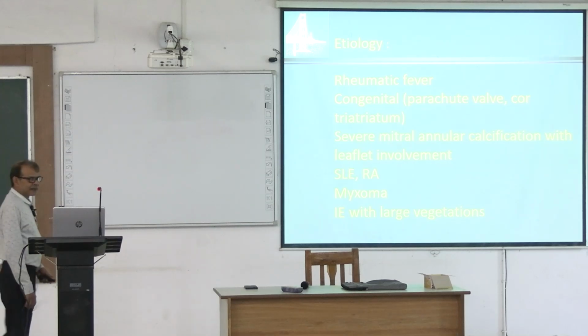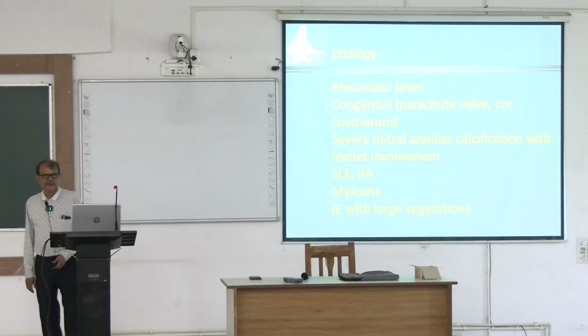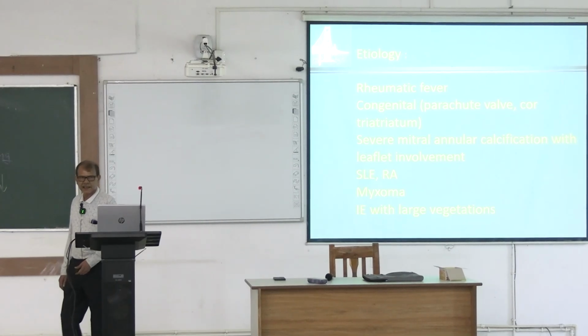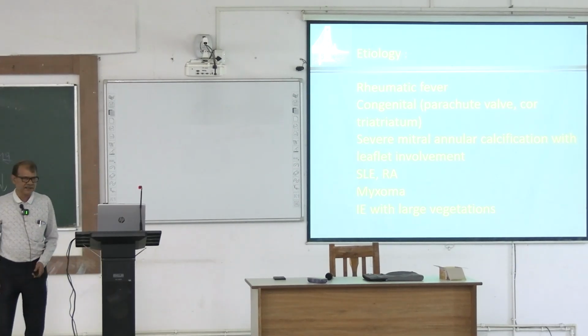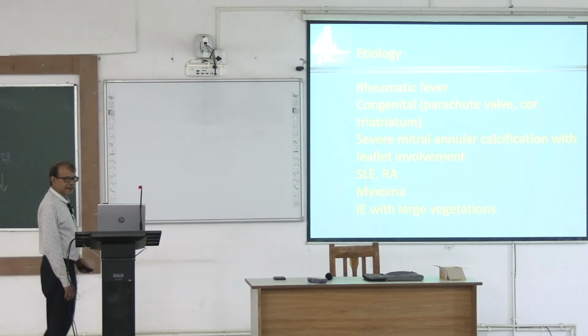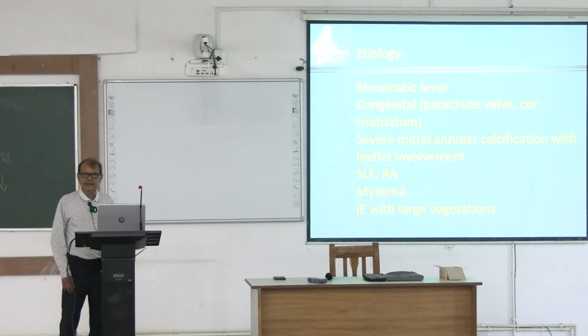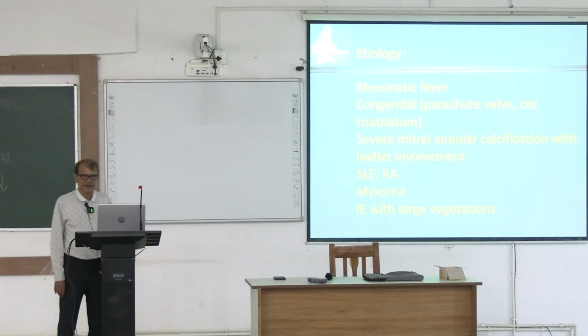Then left atrial myxoma, a tumor within the left atrium producing obstruction at the level of the mitral valve with resultant mitral stenosis. And lastly, infective endocarditis with large vegetations on the mitral valve leaflets causing obstruction.